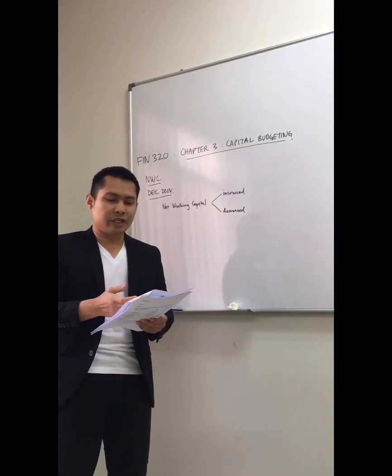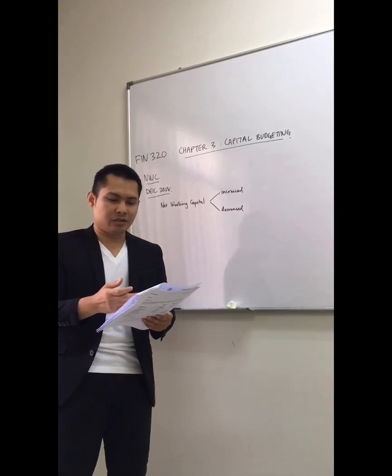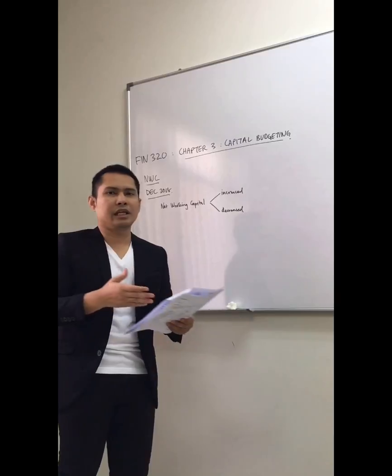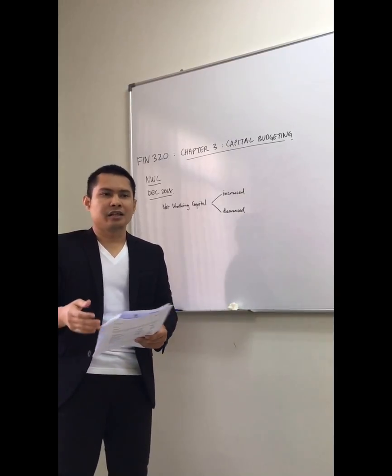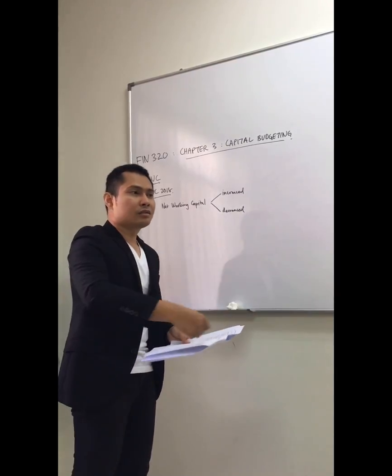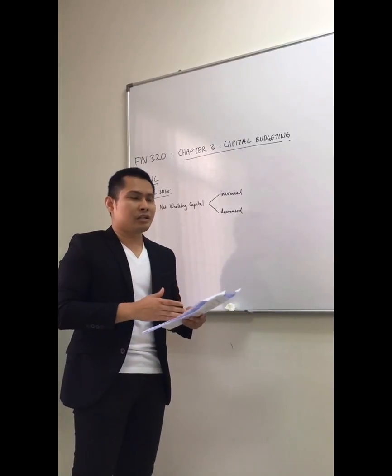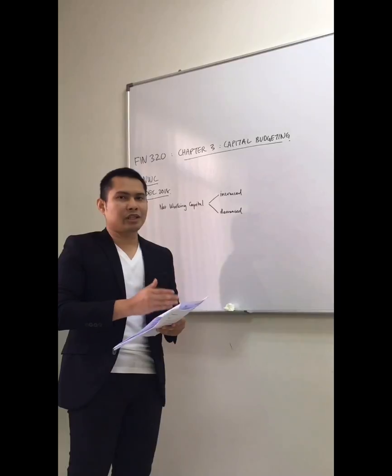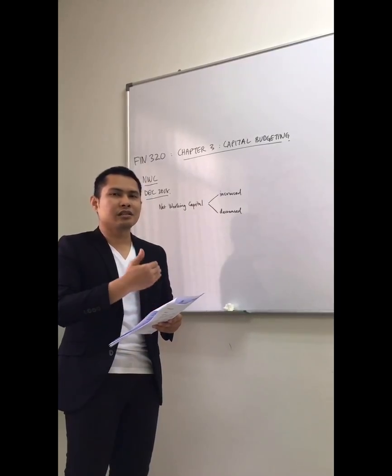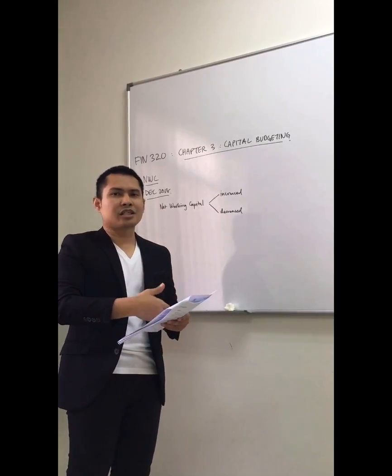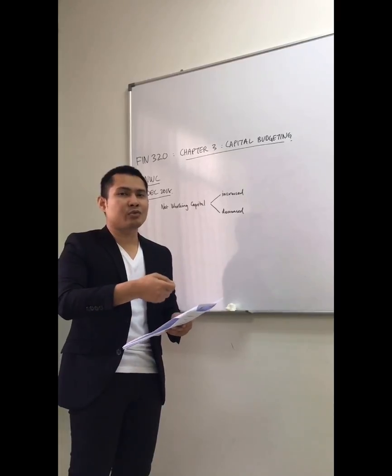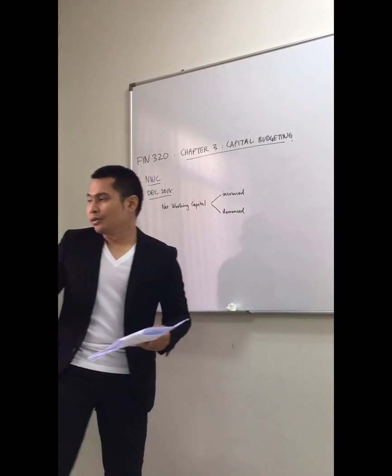If you read this sentence, you know that capital is modal, right? Modal means duit keluar, means an outflow of funds. So when there is an increase in net working capital, it means there is an increase in the modal. Increase in modal means increase in duit keluar.